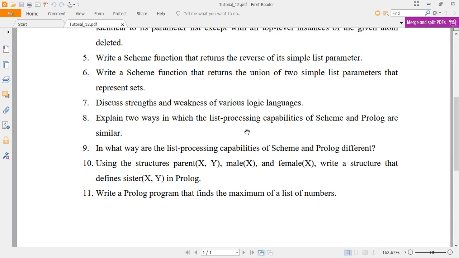Next, write a Prolog program that finds the maximum number of a list, the maximum of a list of numbers. That means you have to identify the biggest number in the list. So you have to perform comparisons from one element to another, or you consider the first element in the list as the biggest element, and try to compare the rest of the elements with the first element and identify the maximum number in the given list.